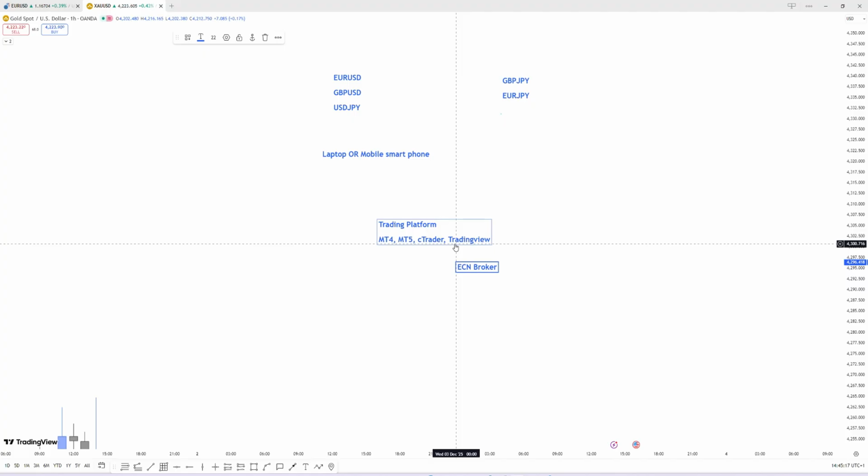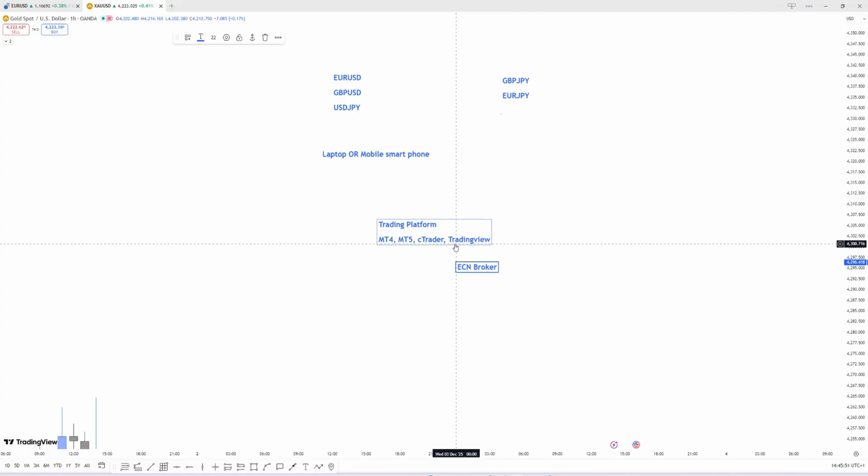If your platform doesn't provide advanced charts, like MT4 or MT5 or cTrader, which don't provide more tools for you to analyze your currency pair, then TradingView is a platform that gives you the comfort to analyze your currency pair without any issue.